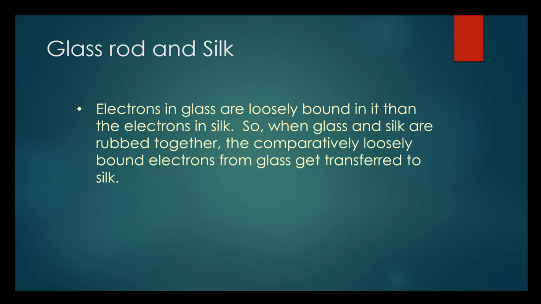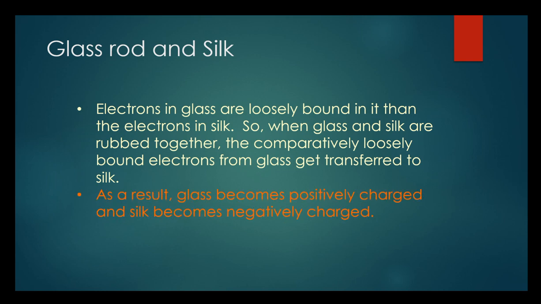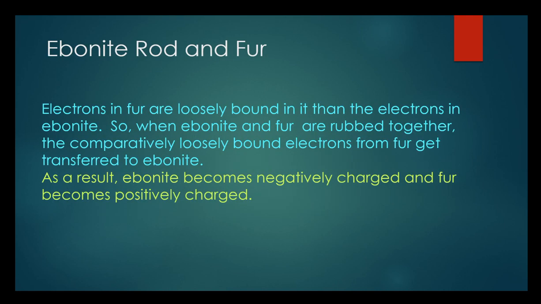When we rub glass with silk, because glass has more loosely bound electrons than the silk, the glass loses electrons easily, and the electrons get transferred from the glass to the silk. That is why silk acquires negative charge and the glass rod acquires positive charge. So glass becomes positively charged and silk becomes negatively charged.